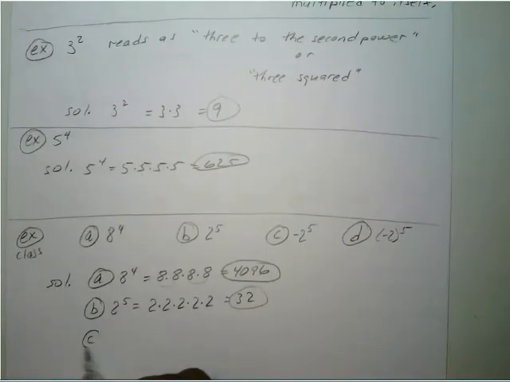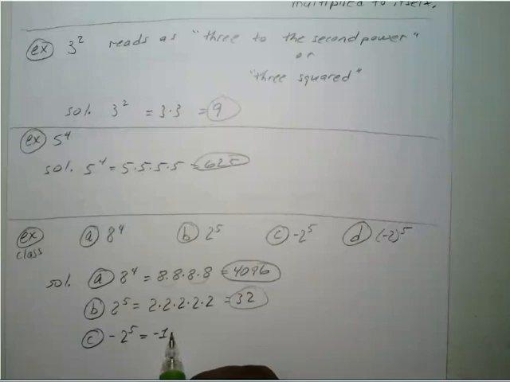Okay, now for C, whenever you have a negative number and an exponent, if there's no parentheses, this is just the same as saying negative 1 times 2 to the 5th power. That's just when you don't have the parentheses.